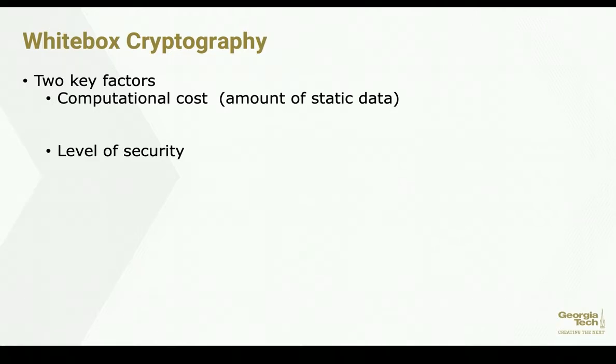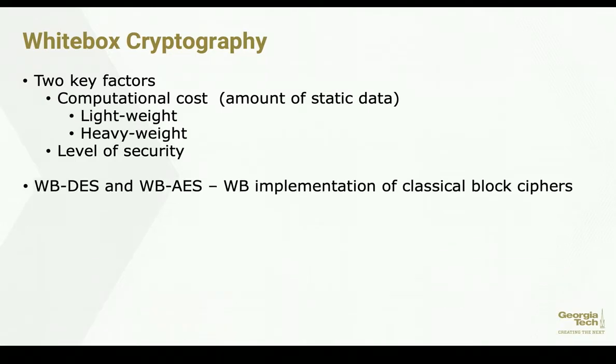Computational cost we can again classify into two, lightweight and heavyweight. Typically there are algorithms like the well-known block ciphers, DES and AES, as white box versions. In the paper, we denote them WB-DES and WB-AES. They are white box implementations of classical block ciphers.